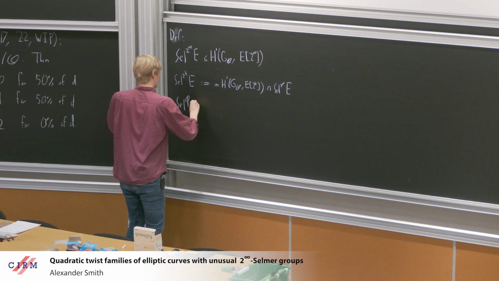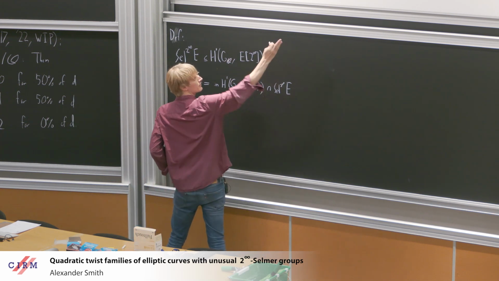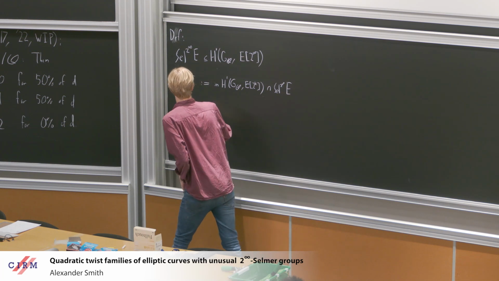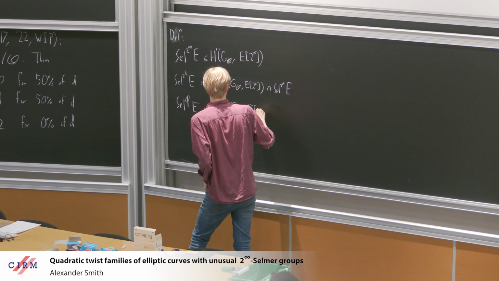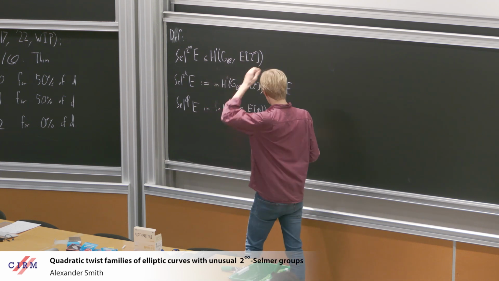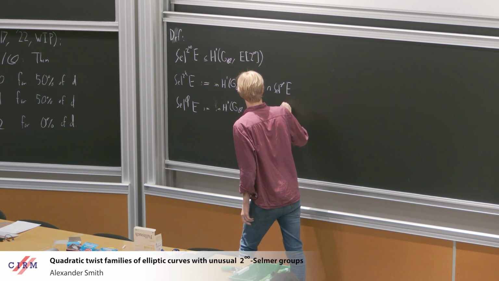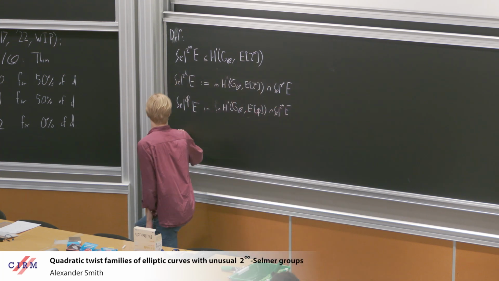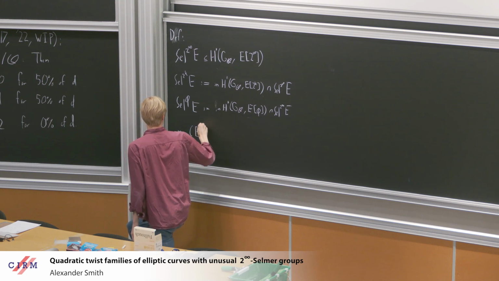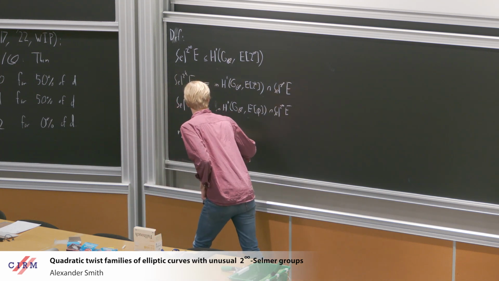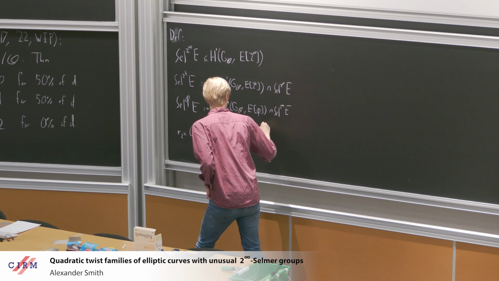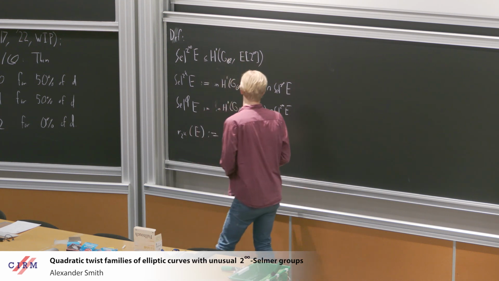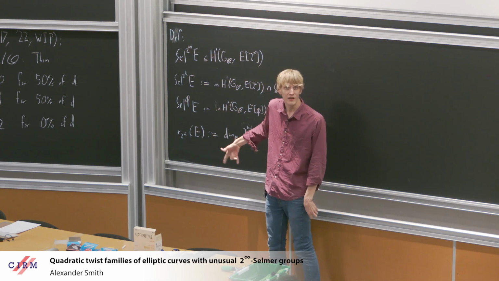Similarly, I'm going to talk about the phi-isogeny Selmer group of an elliptic curve. If we have a situation like that, this is going to be just the intersection of the image of H^1 for the kernel of the map phi, again with the Selmer group of E. And the 2^k Selmer rank of E is going to be defined as the dimension as an F2 vector space of 2^(k-1) times the 2^k Selmer group of E. So the 2^k Selmer group by itself has exponent dividing 2^k.